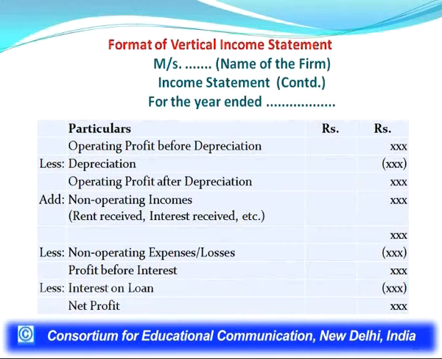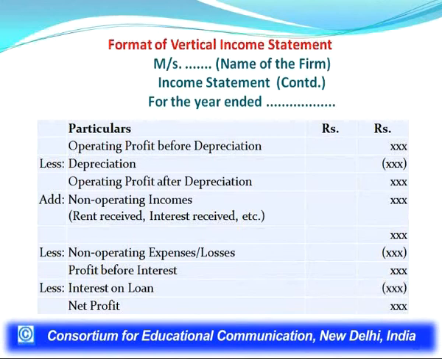Non-operating expenses may be loss on sale of fixed assets, legal charges, any penalty, fine. These may be deducted and we find the balancing figure: profit before interest. Then we deduct the interest and we find net profit.